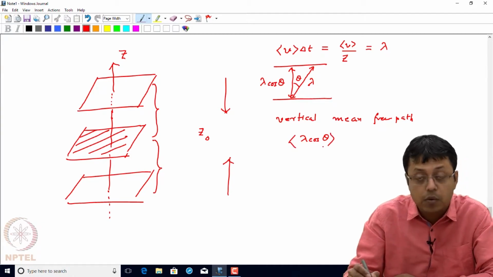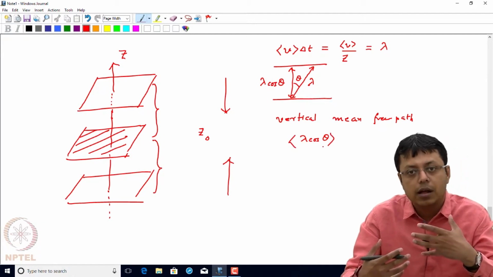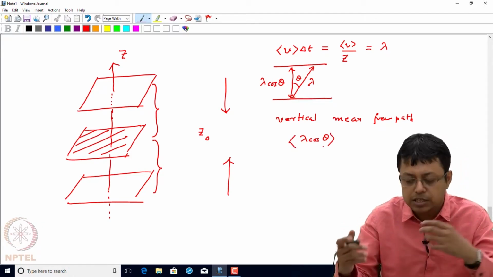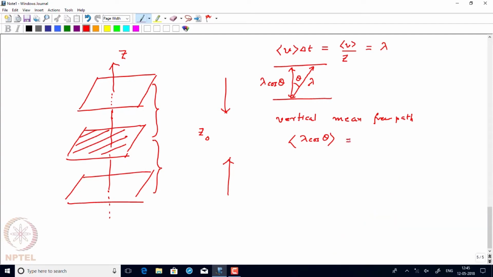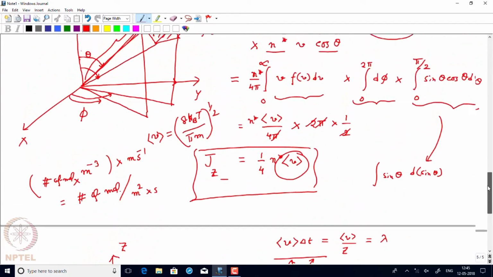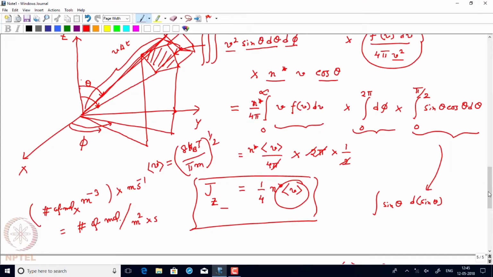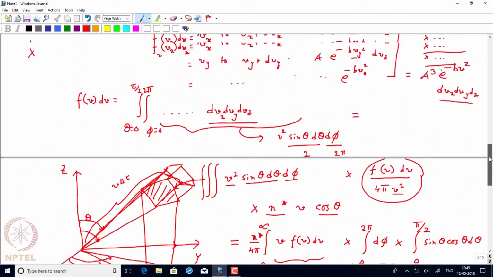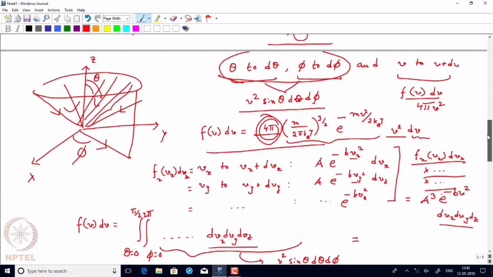Now, average over what? Average over all possible distributions. What we have derived so far is a quantity, if you remember, of this entire thing, the z thing.